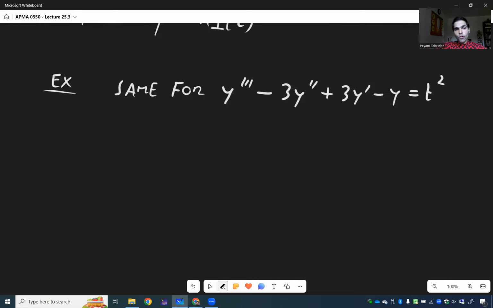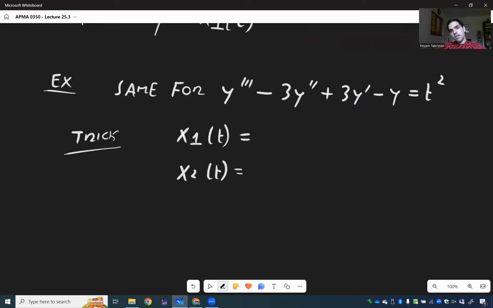Same trick as before. Here we need 3 unknowns because it's a third order equation. x3 of t. Well, x1 you can use y, x2 you can use y prime, and then for x3, well, we need another one. Let's use y double prime.